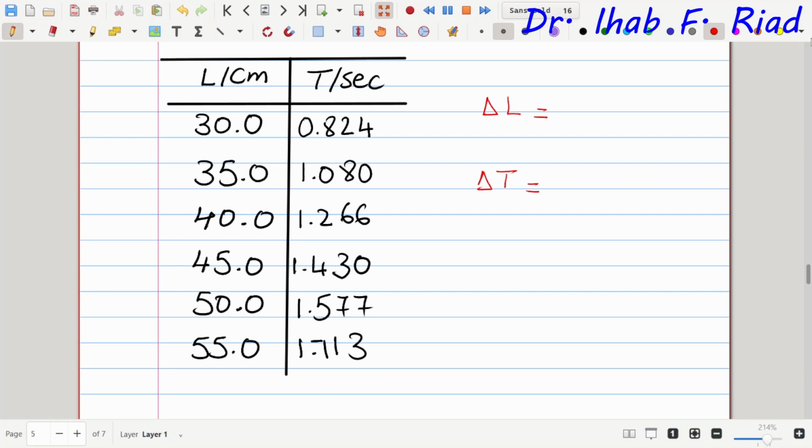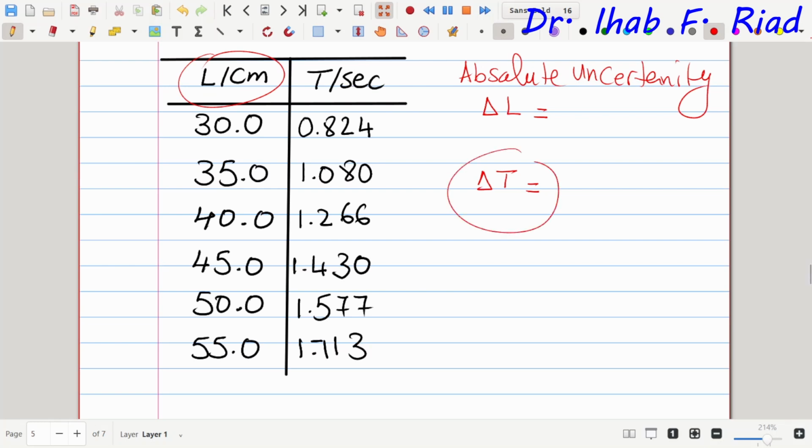For example, what is the absolute uncertainty in the length and in the time? If we find it like this, then it is like a digital meter.